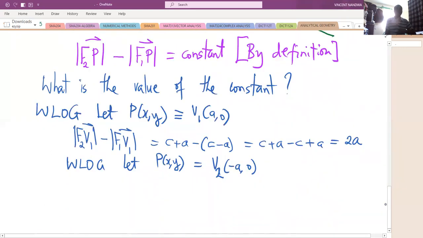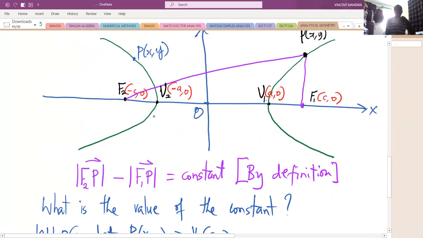So that means F2V2 minus F1V2. So F2V2, from this point to this point is C units, and from this point to this point is A units.